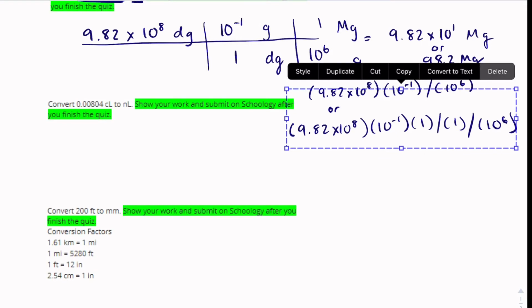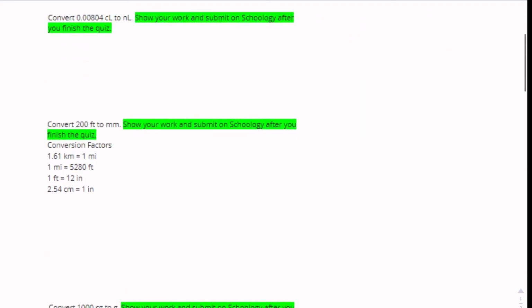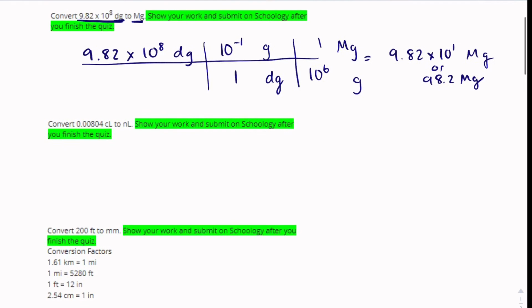Okay, so keeping this rolling here, convert 0.00804 centiliters to nanoliters. So very similar in how I'm going to set this up. I'm just going to go 0.00804 centiliters.